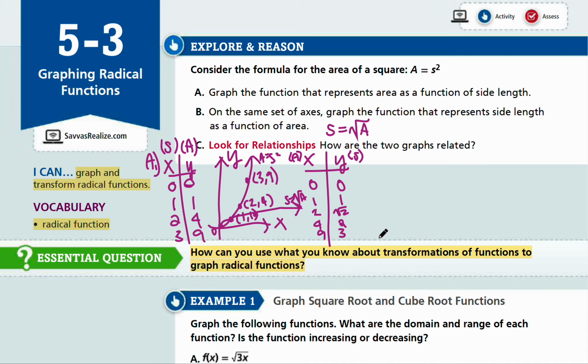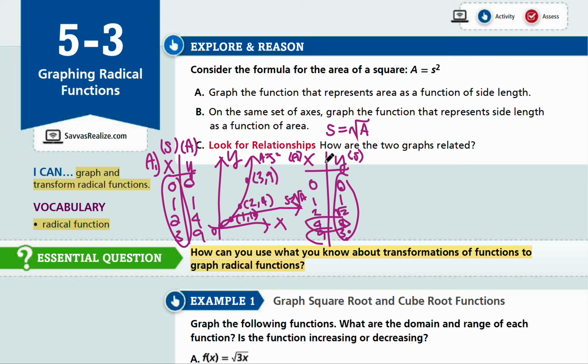But is there anything that would be different? Well, you look at these numbers and they're flipped, right? The domain here is the same as the range here, like 0 to 3 for each pair of points, right?